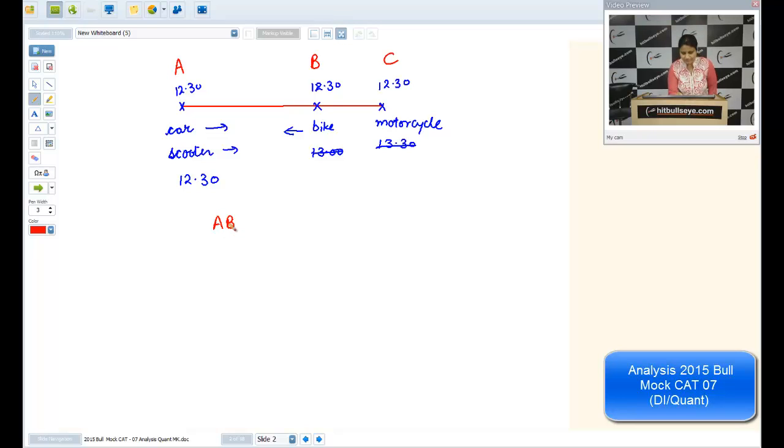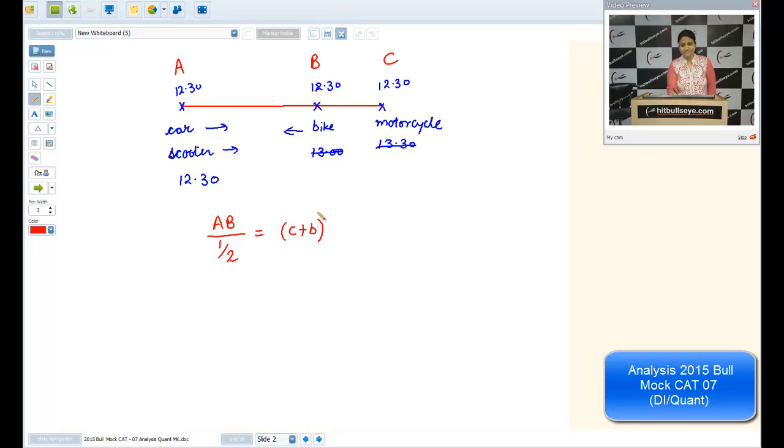It means AB. I'm using the formula distance is equal to speed into time. So we can say that car and bike, they are meeting after half an hour. So distance divided by time, this is equal to, since both the things are moving in the opposite direction, so what is the relative speed? That will be the addition of these two.